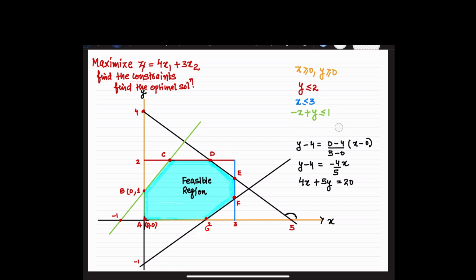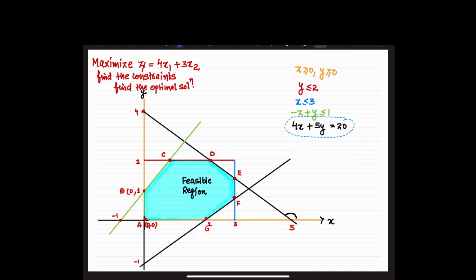So we delete this. So that is the equation of the line. Now check the region. We found this line. It is facing towards the origin. So if this is towards the origin, the sign is this because 0 plus 0 is satisfying.